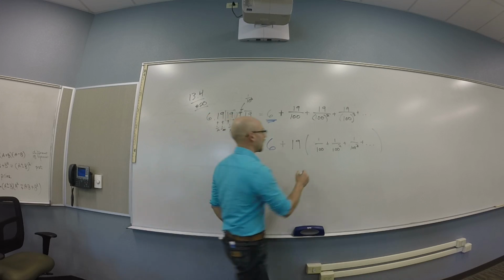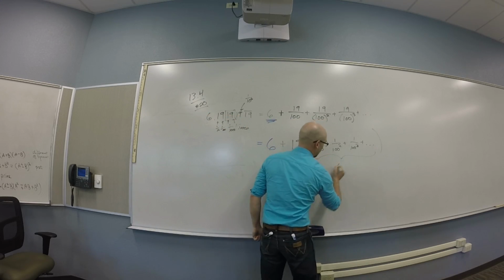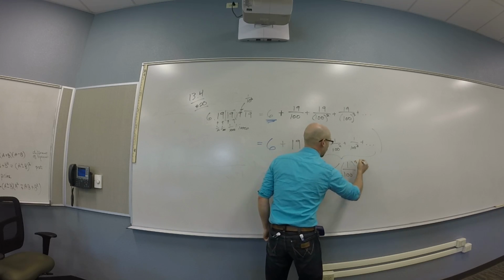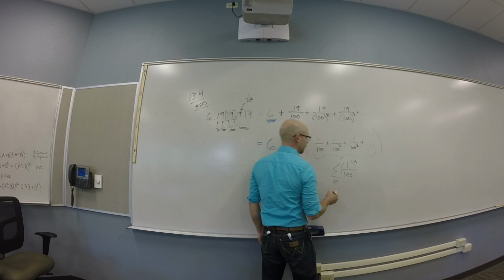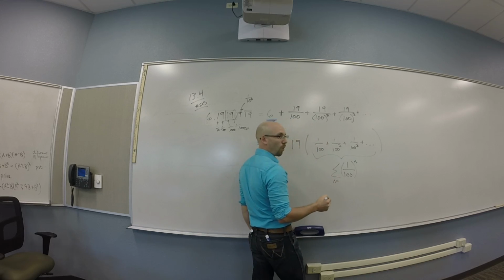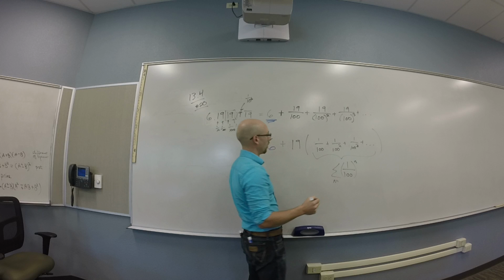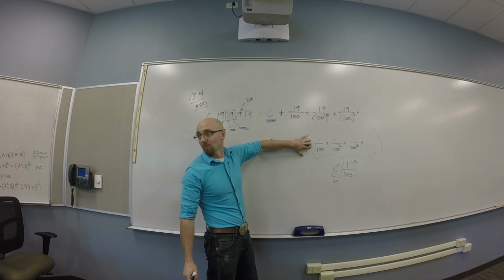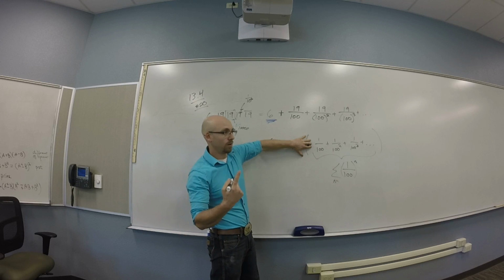Yeah, so this whole guy, right, is the sum of 1 over 100 all to the power of n, and I'm starting at n is what? So just that piece. What power of 1 over 100 am I starting with? 1.